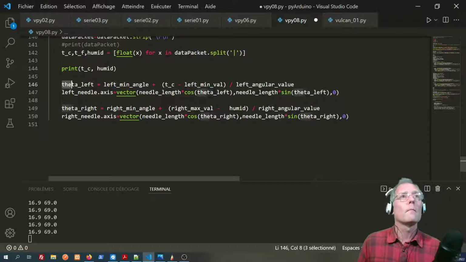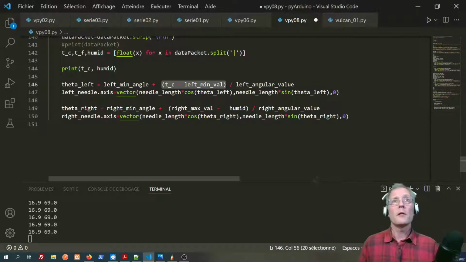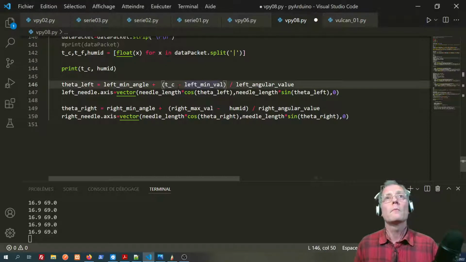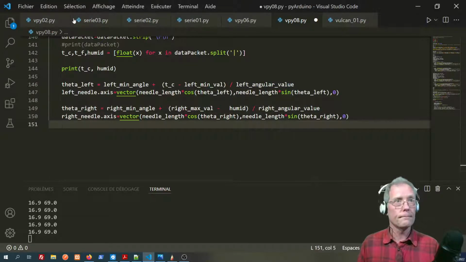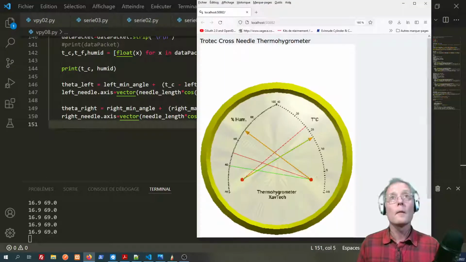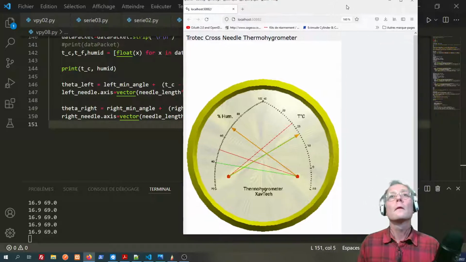So I compute the angle for the left needle, which will be the left minimum angle, plus what we have to add as a value, starting from the minimum value, the temperature here, divided by left angular value, and this will give us the angle. Okay, same for the right one. And once again, I can see it. Okay, that's it here.